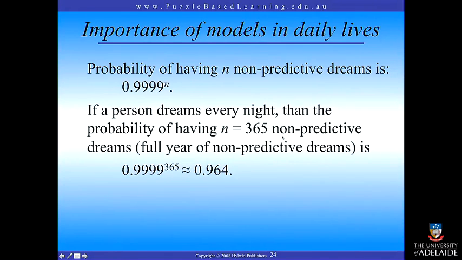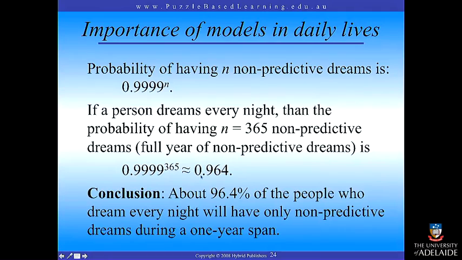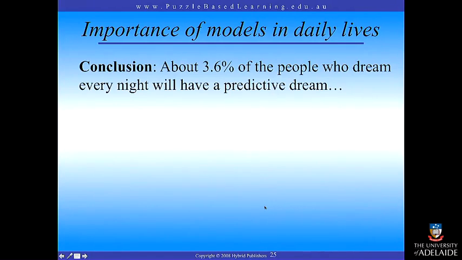In 1 year, the probability of having only non-predictive dreams is 0.9999 to the 365, which is about 96.4%. So 96.4% of people who dream every night will have only non-predictive dreams. That means 100 minus 96.4, about 3.6%, will have some predictive dream. And that happens all the time. You cannot underestimate these probabilities, because even very unlikely things can happen. Over time, giving it many, many chances, it will happen.